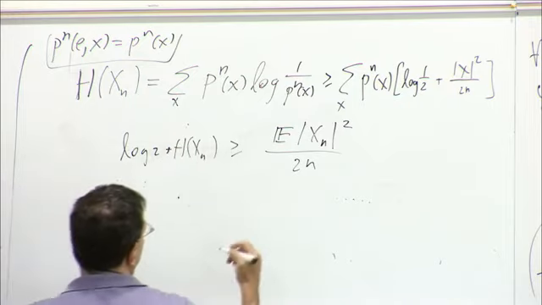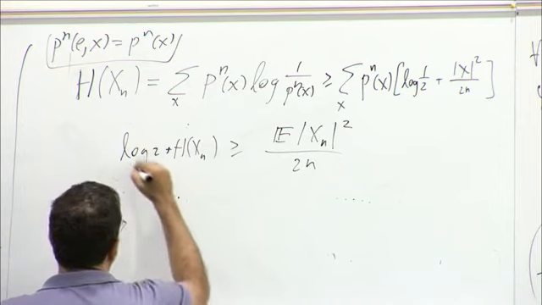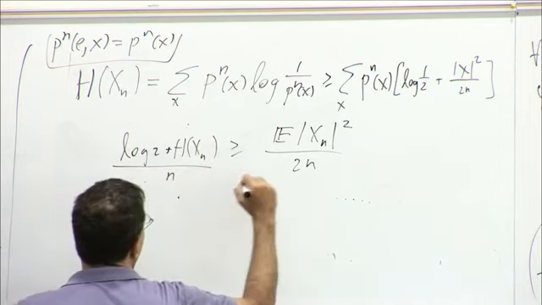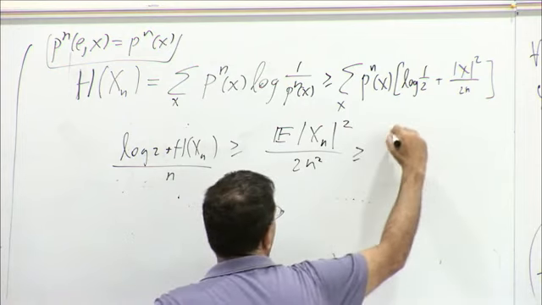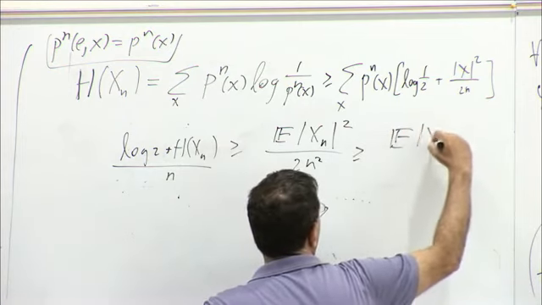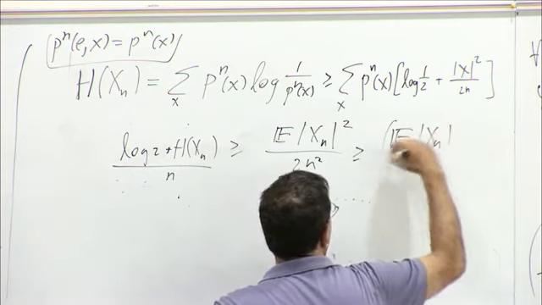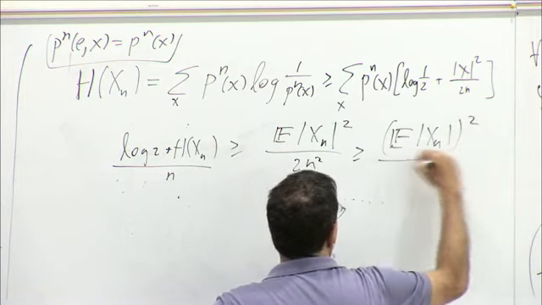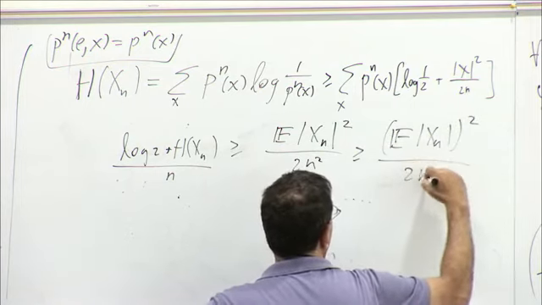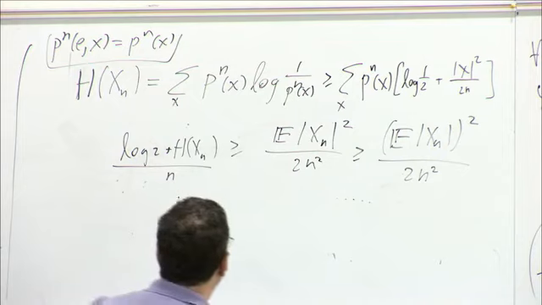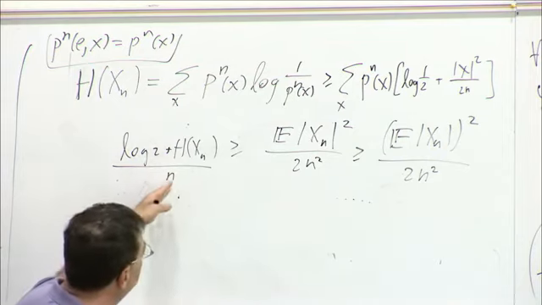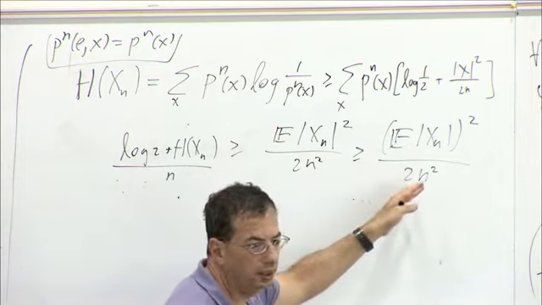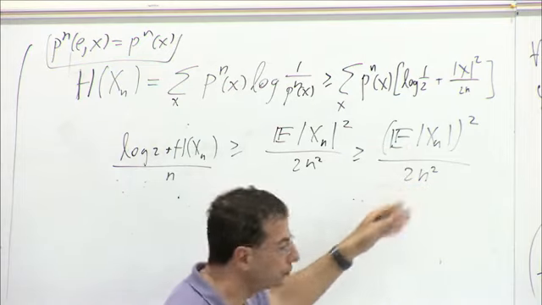Okay, and let's divide both things by n, so 2n squared, and use Cauchy-Schwarz. So this is bigger than the expectation of the walk, quantity squared over 2n squared. And you see immediately that if the entropy is sublinear, if this limit is 0, then the speed is 0.